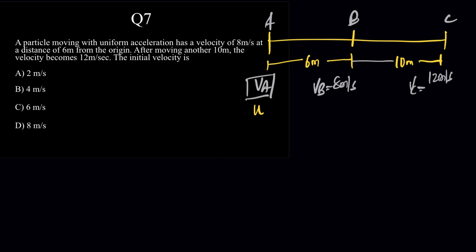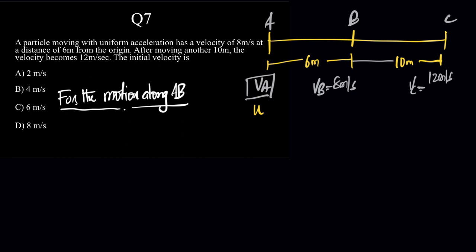In which case, for the motion along AB, we can say that V is equal to U plus at.